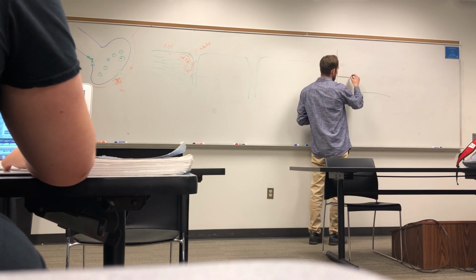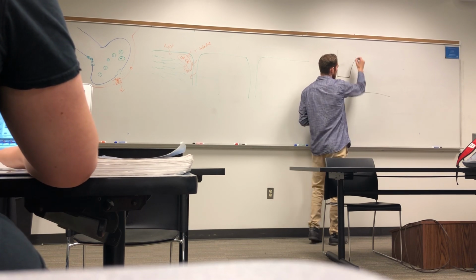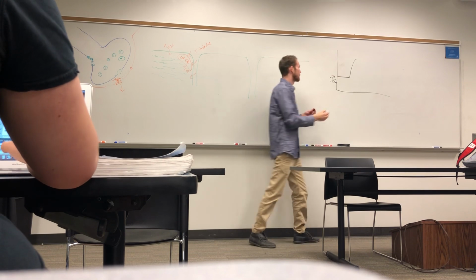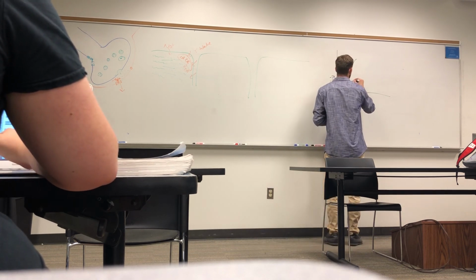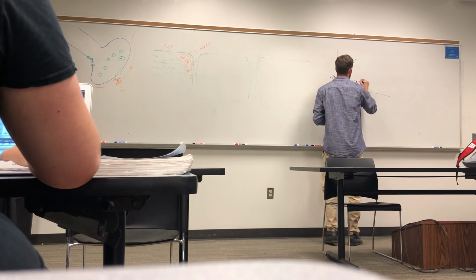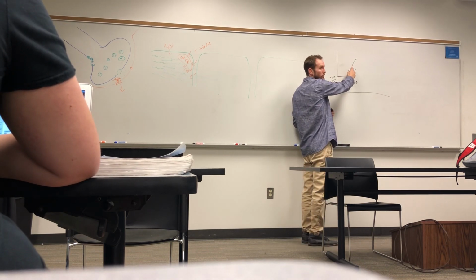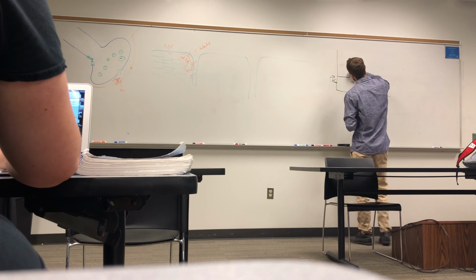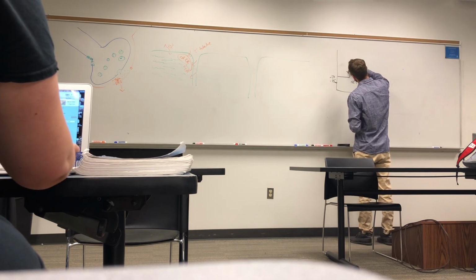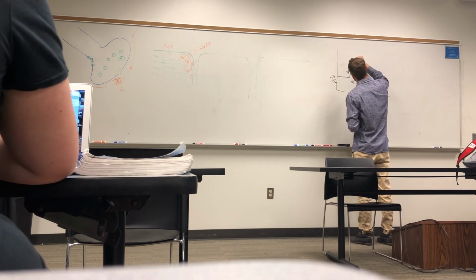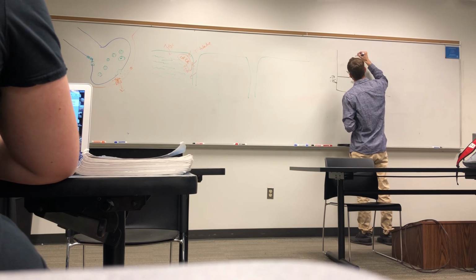So once we stimulate that action potential, the voltage is going to go up, because we have all that sodium going into the cell. This phase is called depolarization. And these are in your slides.